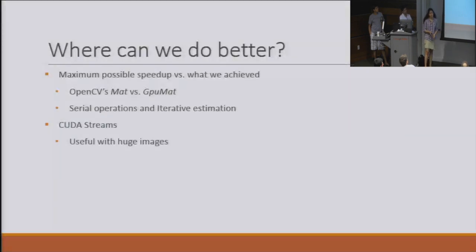We could have used CUDA streams, but since the images were not that huge, the data transfer could not have been that efficient when we are trying to do a computation in the kernel simultaneously. So this would be useful for huge images, but we didn't use it here because our images were really small.